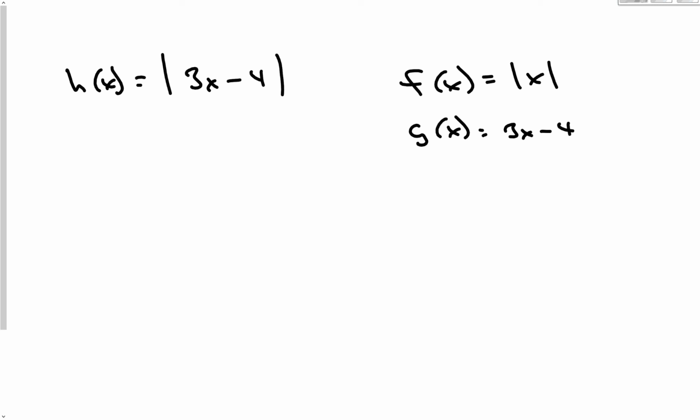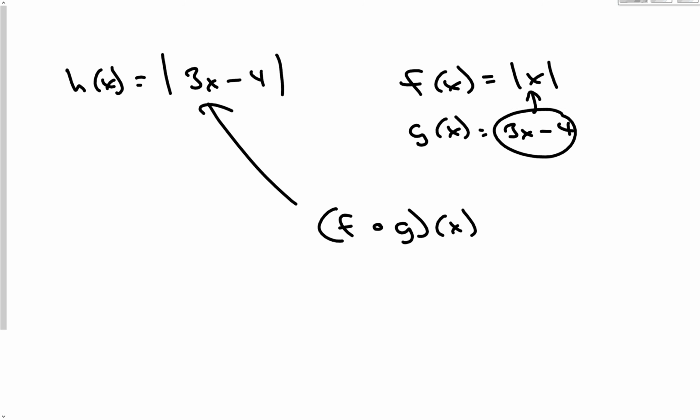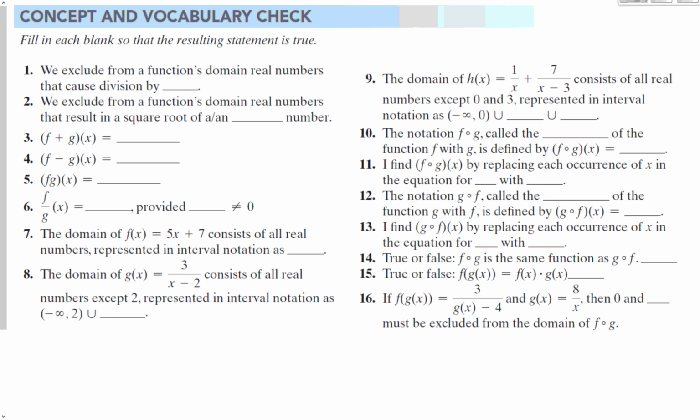And then my function would be f of g of x to give me h, g inside of f. Okay, and that was the end of section 1.7, combinations of functions and composite functions.